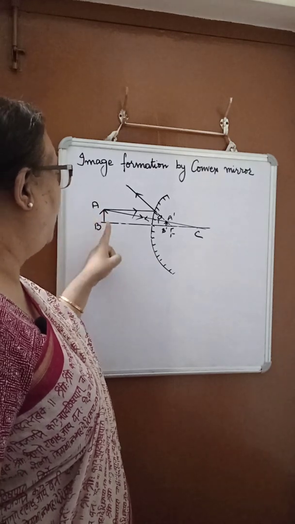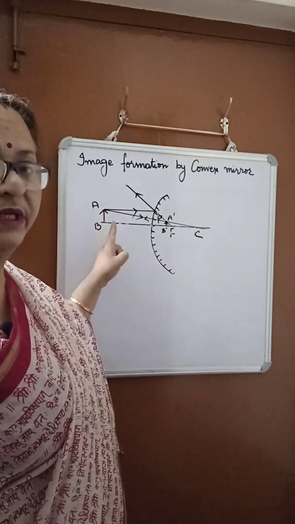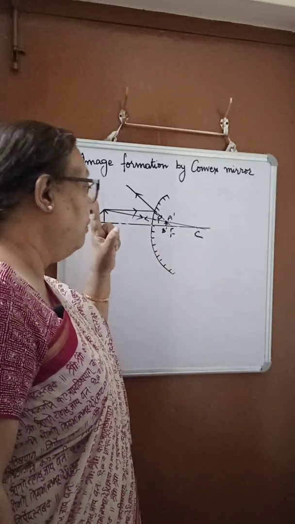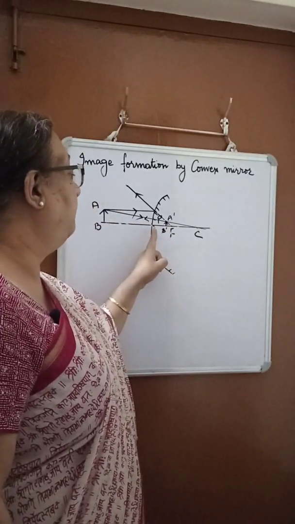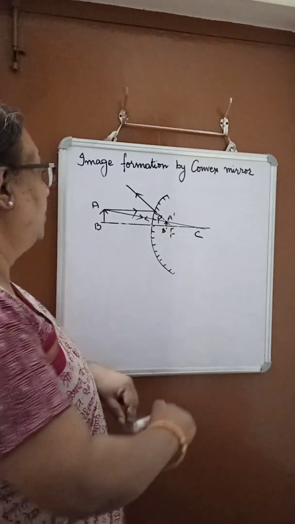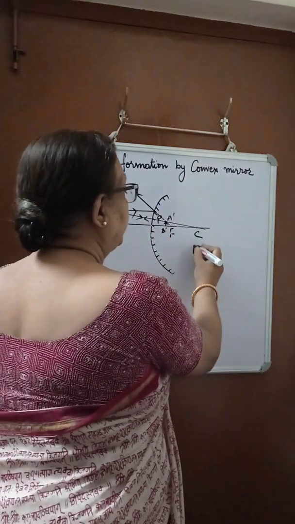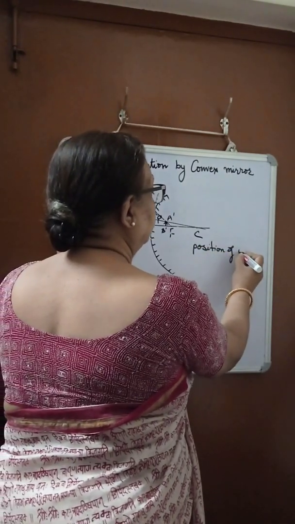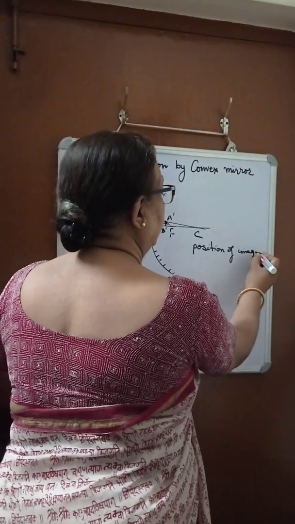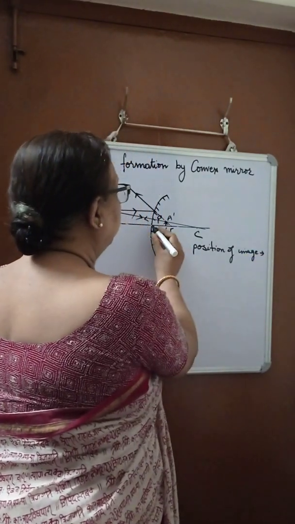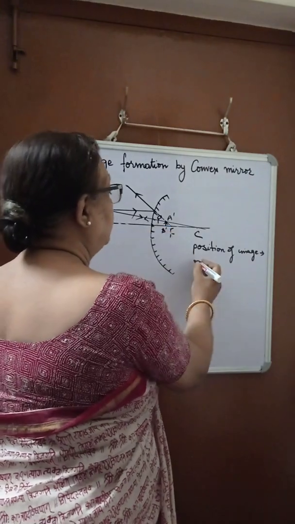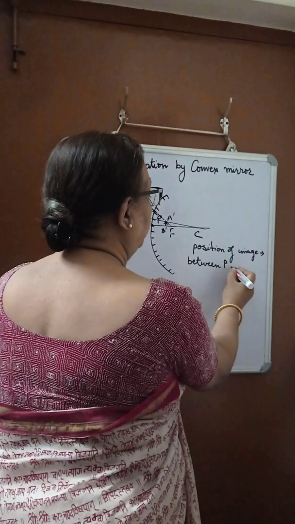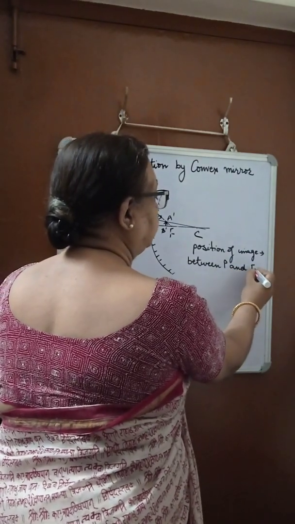Now, for any position of the object kept in front of a convex mirror, the image will always be formed between P and F. So, what is the position of the image? The position is between the pole and focus.